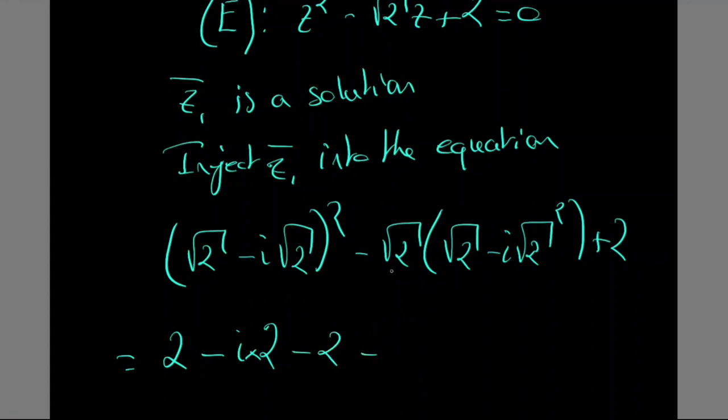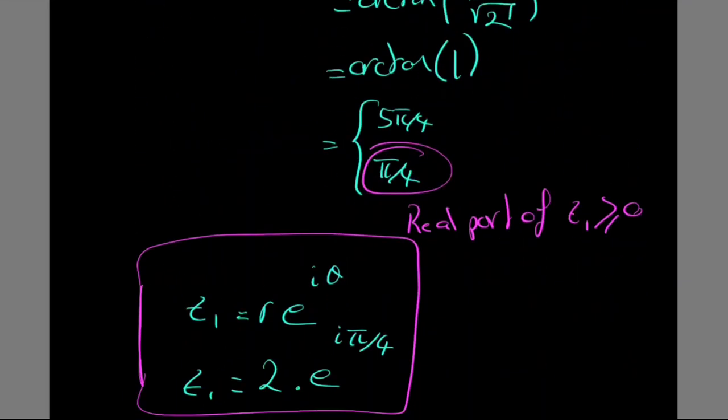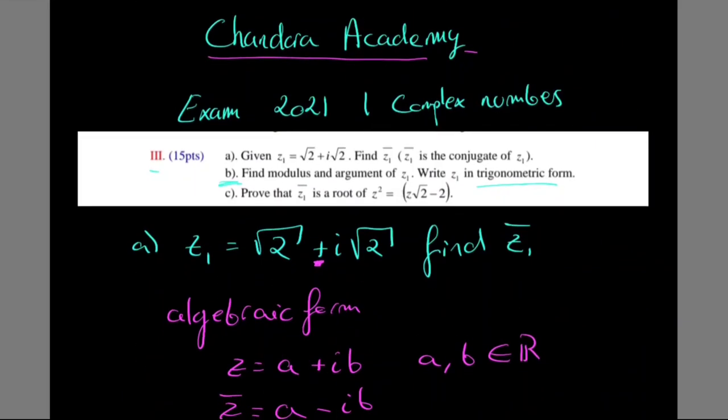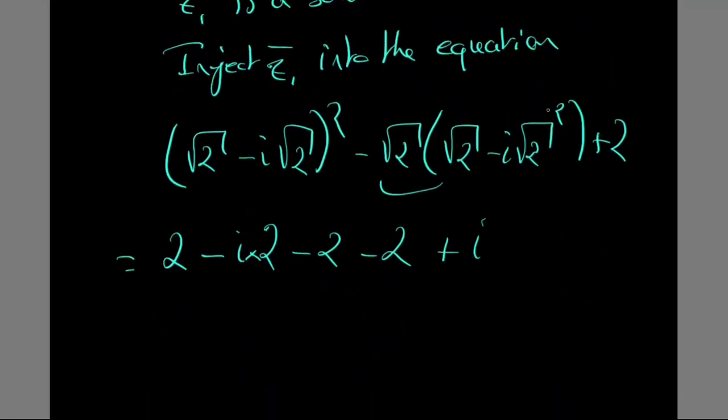Then minus 2 plus, let's remember the equation, there is no square here, so plus i square root of 2 times square root of 2, so 2i, plus 2.